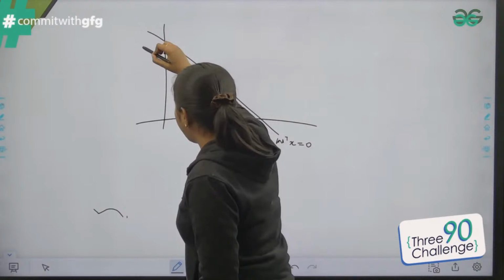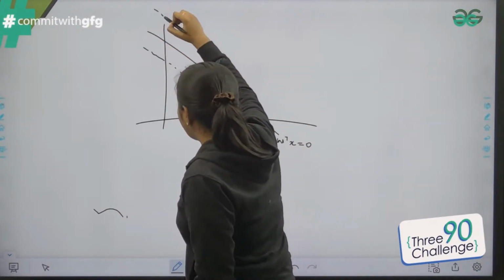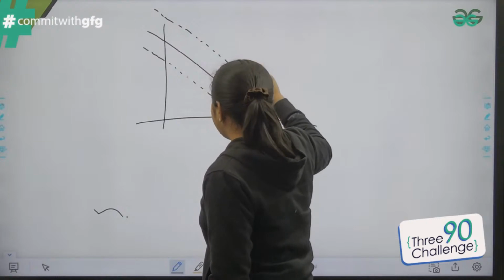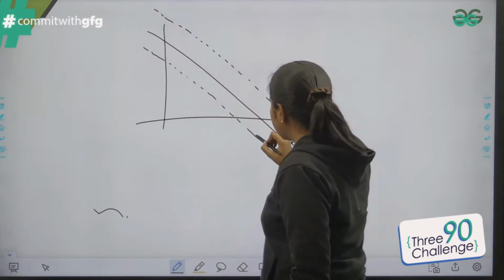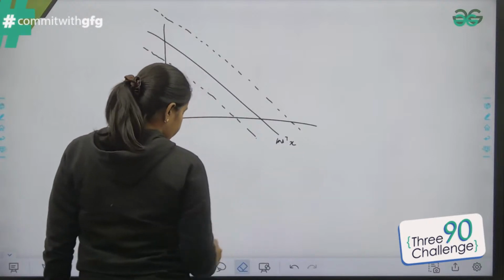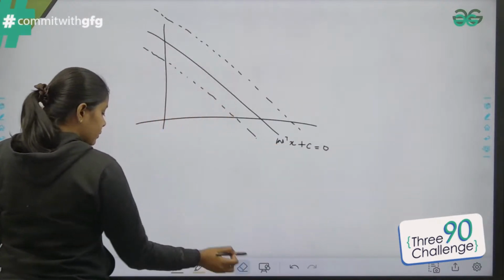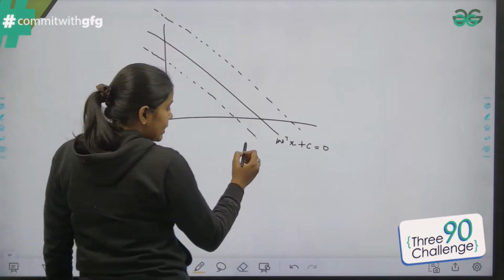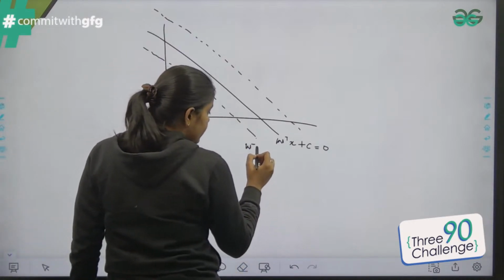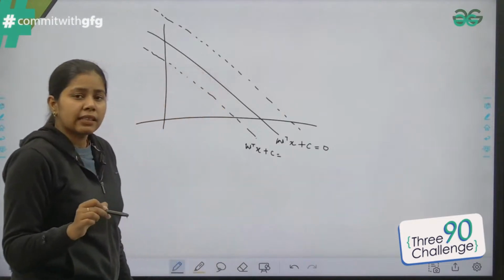So let's say I have found this margin line which passes through support vectors. So this is what W transpose X plus C equals to 0. Let's take this as W transpose X plus C equals to minus K. Can I take this as -1?